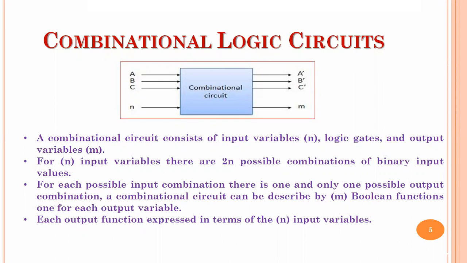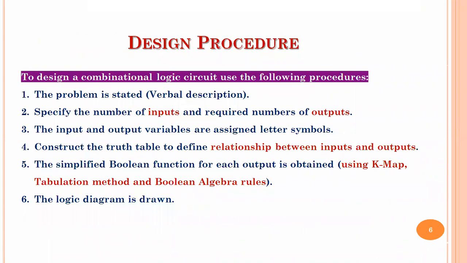Every output should be expressed in terms of the n input variables. So this is the design procedure. Just read it once. It is not as important in your syllabus because it is already covered in digital electronics.